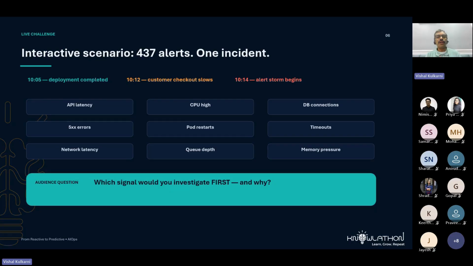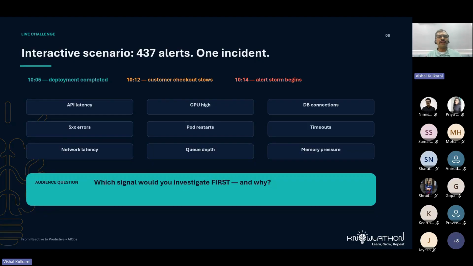At 10:12 we have customer checkout slows. And all of a sudden, within the next 9 minutes, there are alerts which are completely occupying the mailboxes of individuals, and they may be indicating different symptoms, right? The way it is getting reflected.